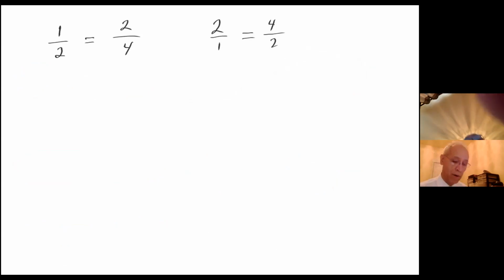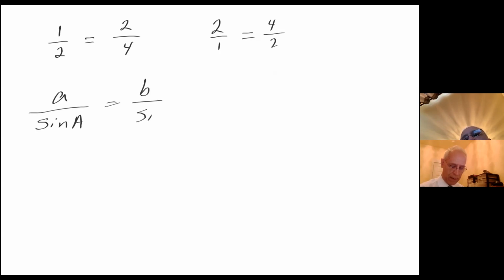The same thing holds for the law of sines. We can also write it as a over sine of A equals b over sine of B equals side c over sine of angle C.